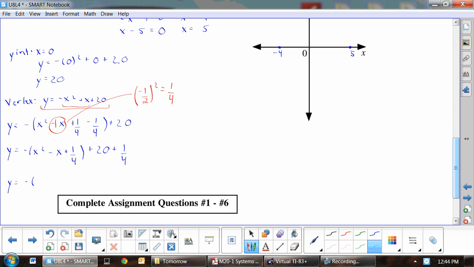So for this part, we know that this can make a perfect square. So we go x minus 1/2 squared. And so this is, remember, where this comes in handy, because we always take this number here, and that's what becomes this one here. Okay? And then plus 20 plus 1 over 4, so 20.25.